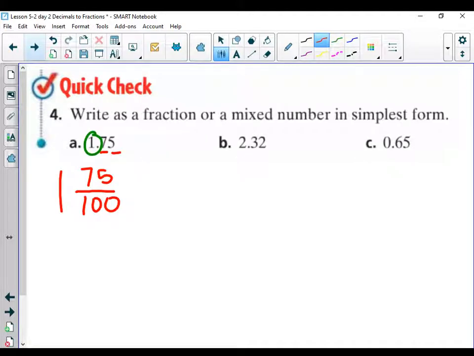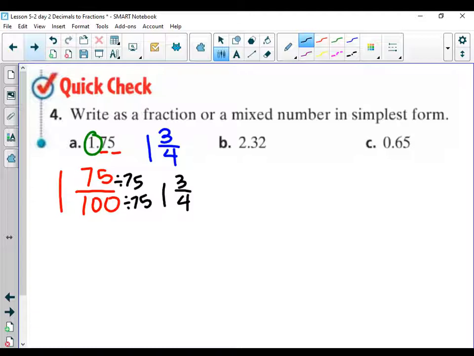The 1 goes in front. If you were someone that just knew it fast like that, you might say, oh, 0.75 is like 3/4 of a quarter. Guess what happens if I simplify? Same answer. Look at that.